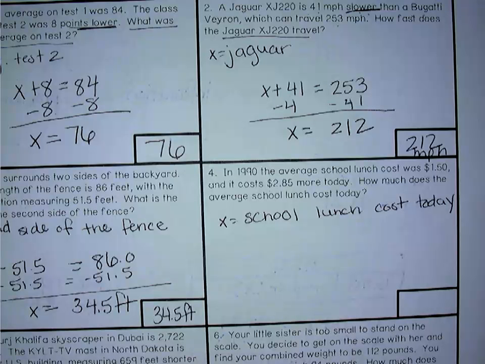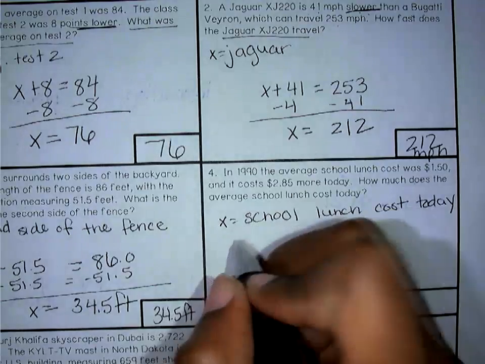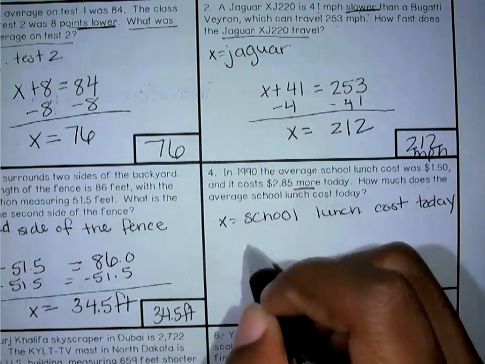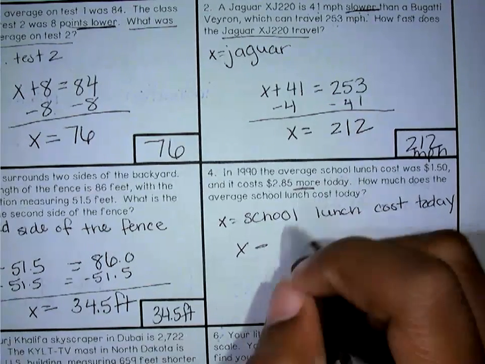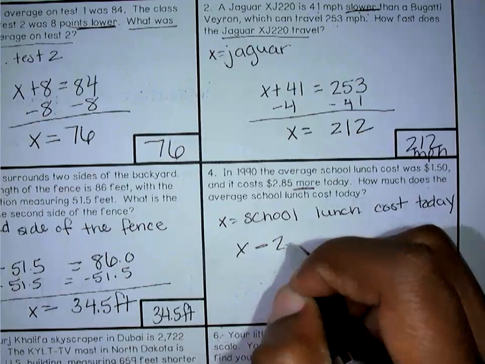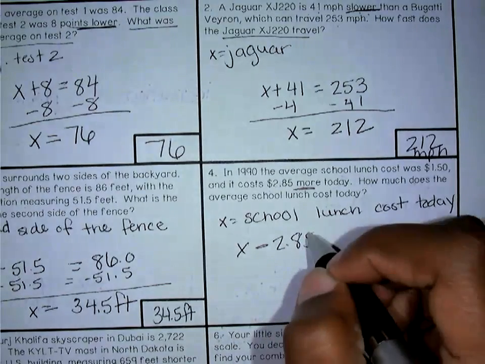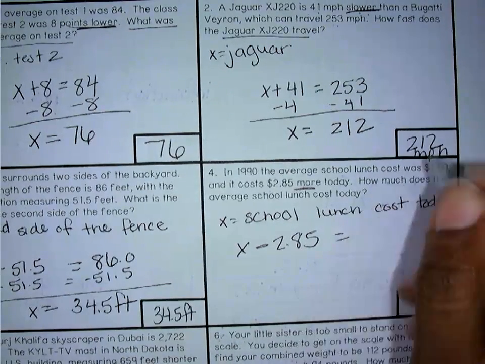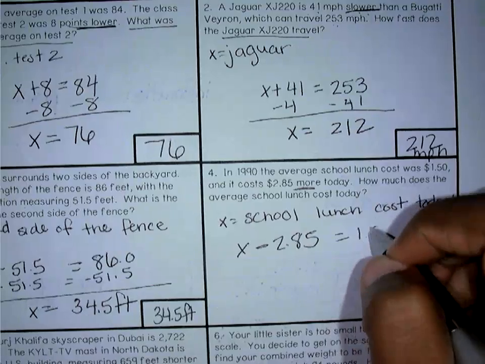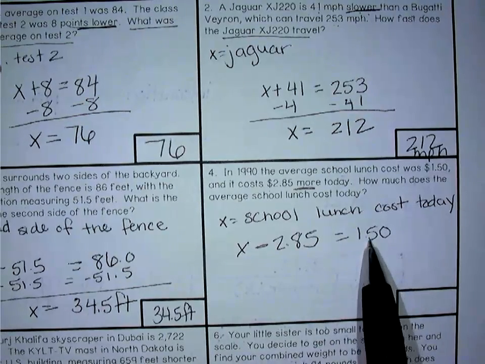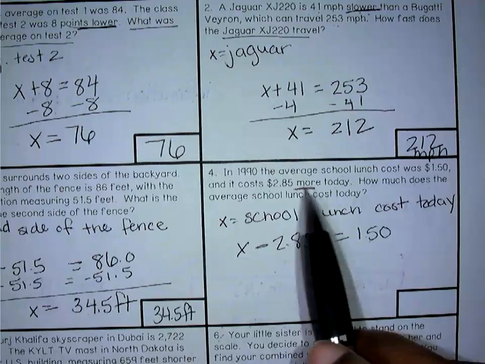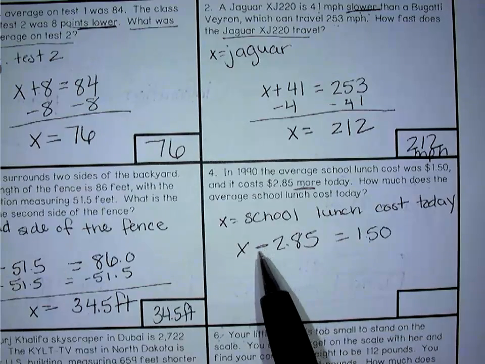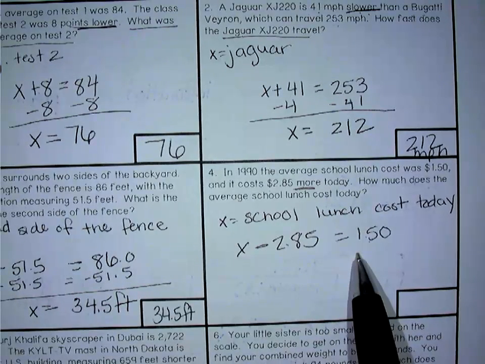So now we need to figure out that if it was more today, remember, you kind of write it as the opposite, so it would be $2.85 right here, which gives you the cost of $1.50. All right, $1.50 is what it costs average right now, and you know that it was more today, so you're actually trying to do the opposite to this side to add it.